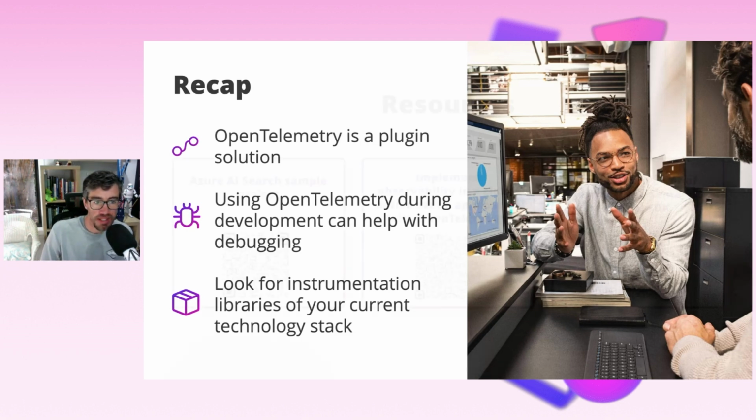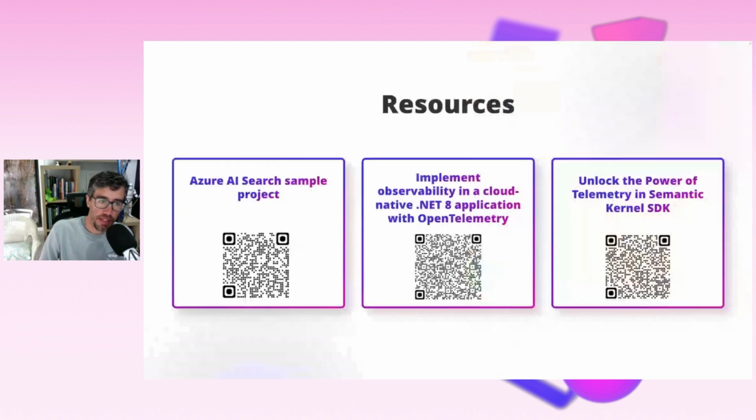There's some extra resources that I wanted to highlight. So this RAG application is a project on GitHub that you can look at. And if you want to, that one comes with Application Insights out of the box. And using that link, you'll also see how you can use it with local telemetry as well with the Aspire dashboard.